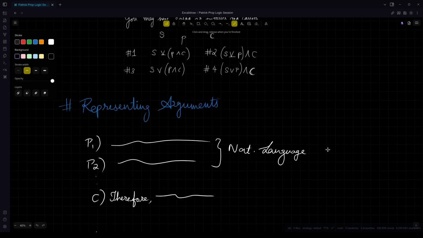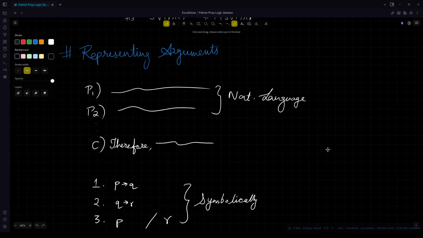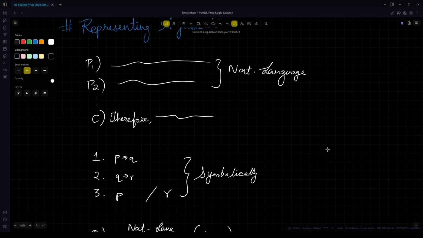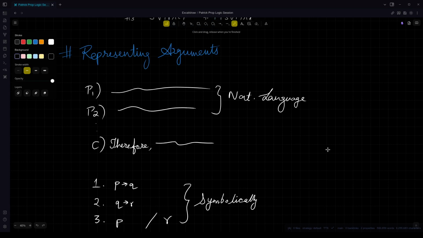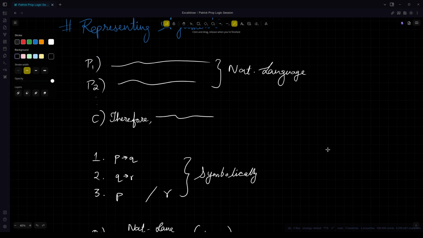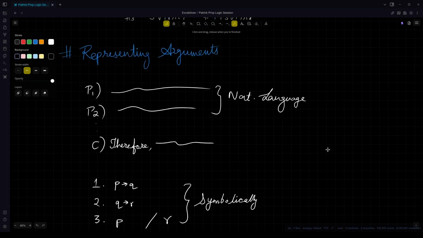So then we go on to representing arguments in symbolic form. That's the general form for an argument. We have P implies Q, Q implies R. Could you explain what we have going on in the third proposition?